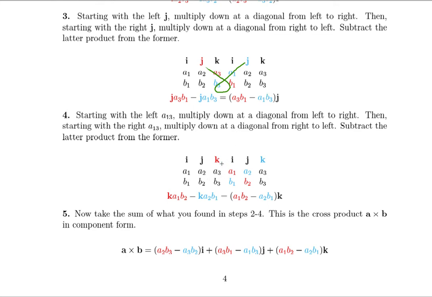Then same thing with the k's. Lay your spaghetti noodle down: a1 b2 minus b1 a2. And that's how you get your i, j, and k components of your cross product. So don't memorize this. Lay out your vectors in this way, and you'll be able to come up with it every time.